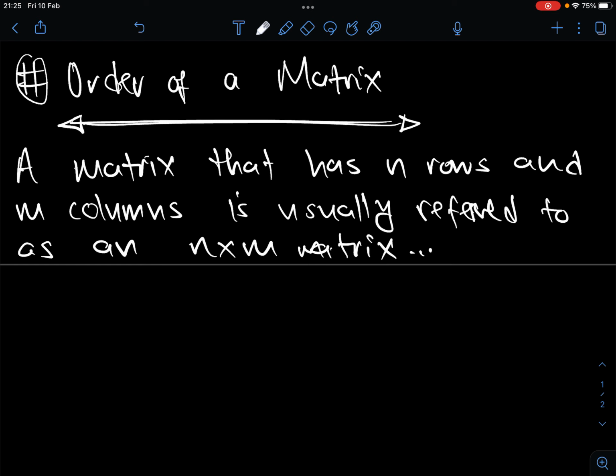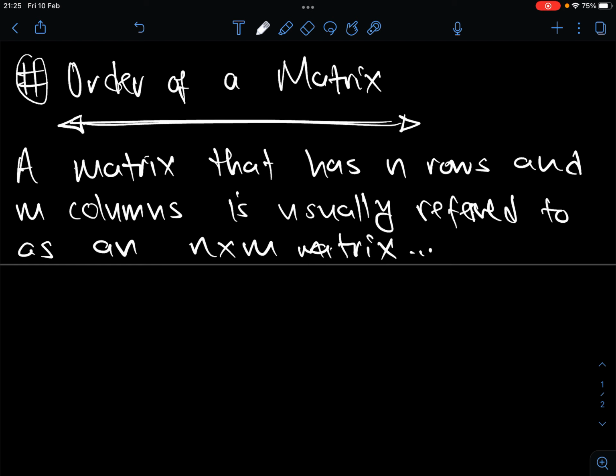You see that? So one thing that you should know is that not all matrices have the same number of rows and columns. Some can have a certain number of rows, some can have a certain number of columns. So the number of rows and number of columns that a particular matrix has is called the order of that matrix.